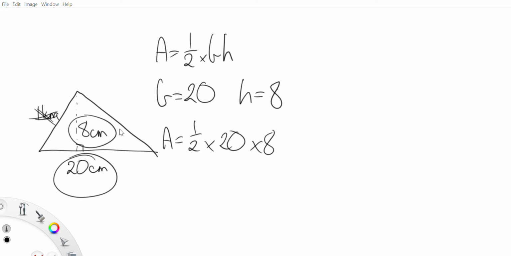If you're not quite sure how to do it with your calculator, please watch here. I'm going to just quickly show you with the simulator on how to do things like a half into the calculator, because this is where things get a little bit complicated. And once you know how to do it, it's super easy. Alright? So we need 1/2 times 20 times 8.